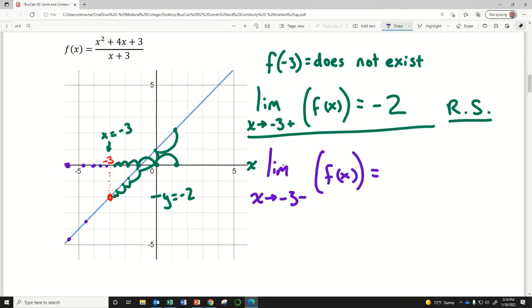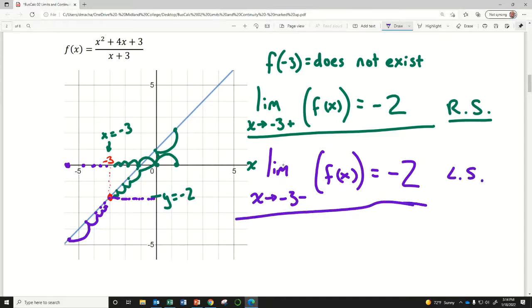Evaluating my function at each of these points, getting closer and closer to x equals -3, the output of my function looks like it's approaching y equals -2. So this would be my left-sided limit. And you may notice that for this example, the left-sided limit and the right-sided limit are the same.